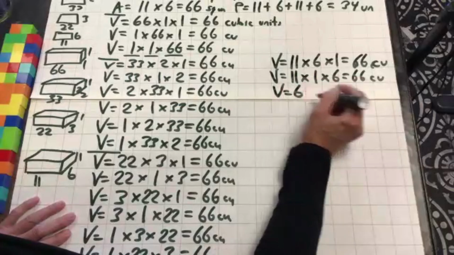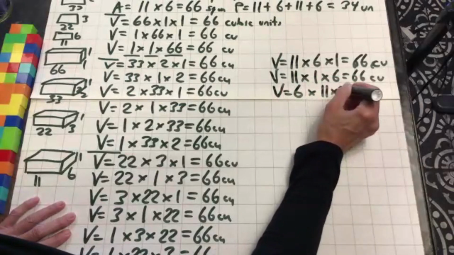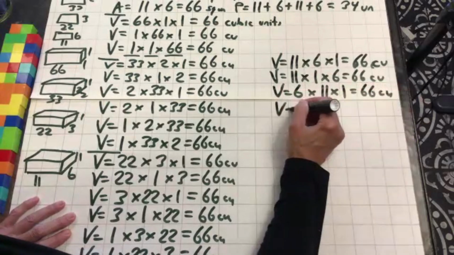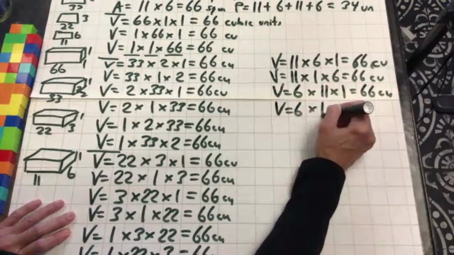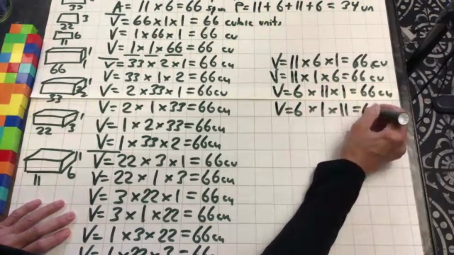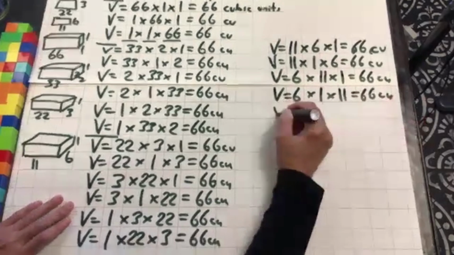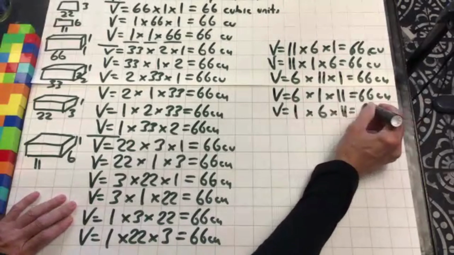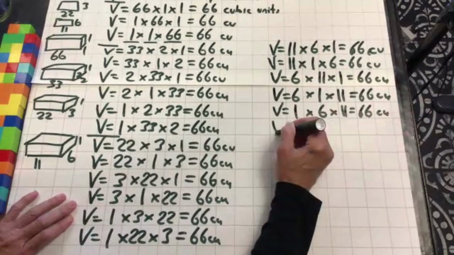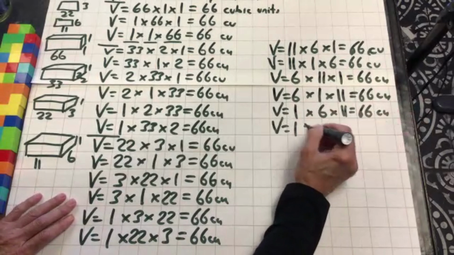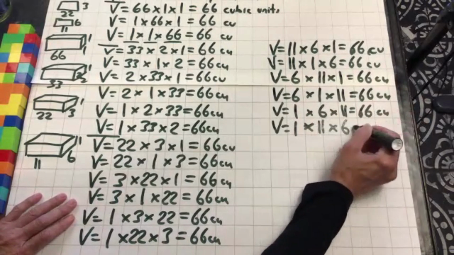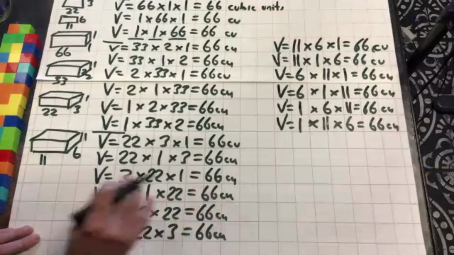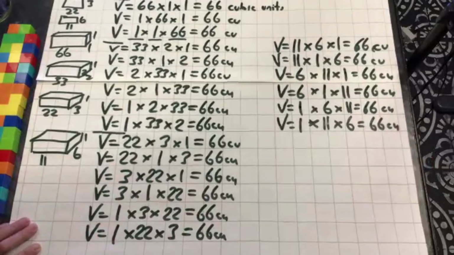Or we can say 6 wide by 11 deep by 1 tall. Or we can say 6 wide by 1 deep by 11 tall. Or we can say 1 wide by 6 deep by 11 tall. Or we can say 1 wide by 11 deep by 6 tall. So those are all the different ways we could write it. So it's a challenge to get as many ways as possible.